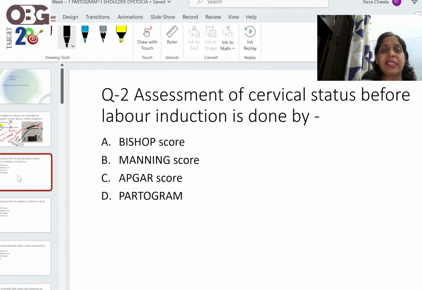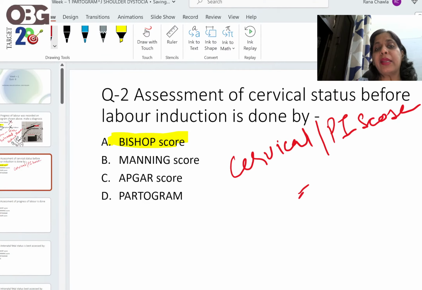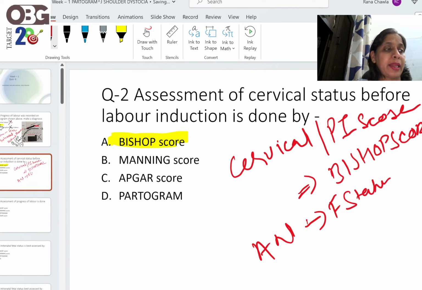Assessment of cervical status is, of course, by Bishop score. Here I am going to tell you some important points to learn. The cervical status, or you can say pre-induction score, is given by the cervix of the patient, and that is the Bishop score. Antenatal fetal status is given by the Manning score.